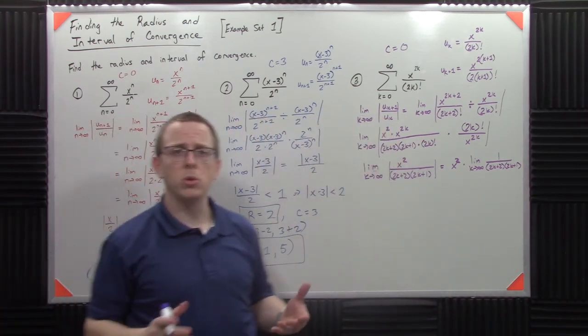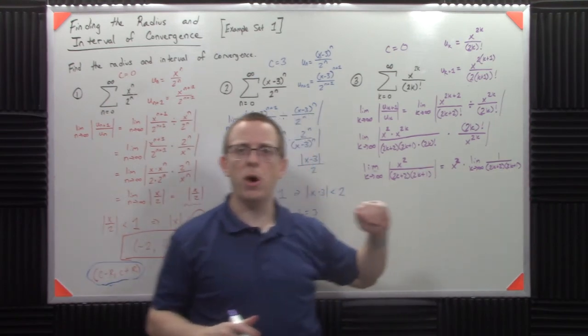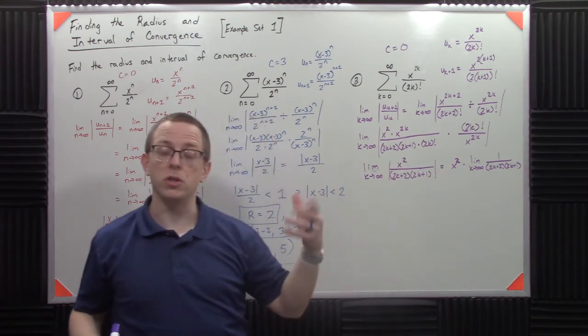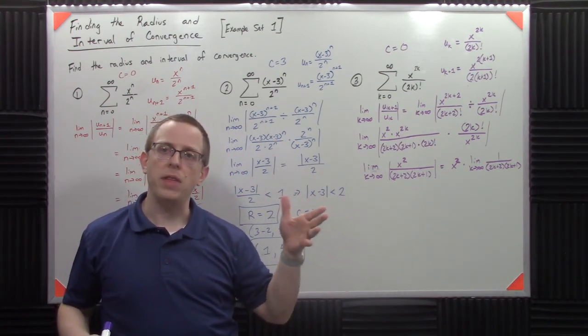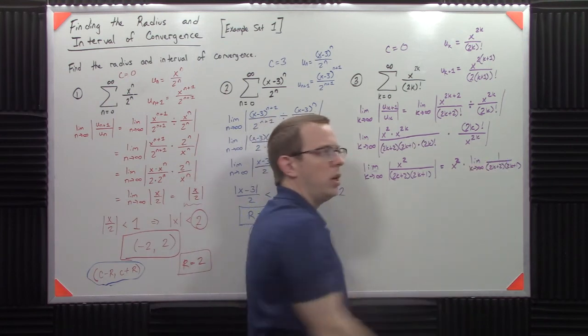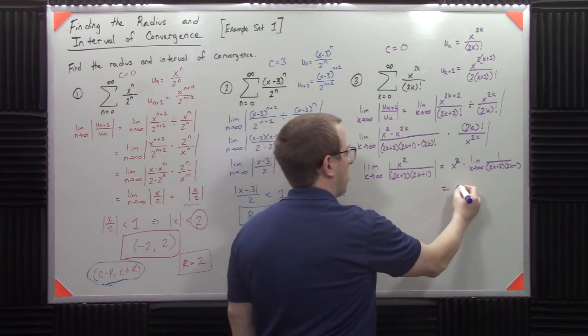And I can remove the absolute values because k is going towards positive infinity, and these are always going to be positive, and x squared is always non-negative. So we now have that limit moving towards infinity. Well, as k gets large, that denominator gets impossibly large. So that tells me that this limit is 0.